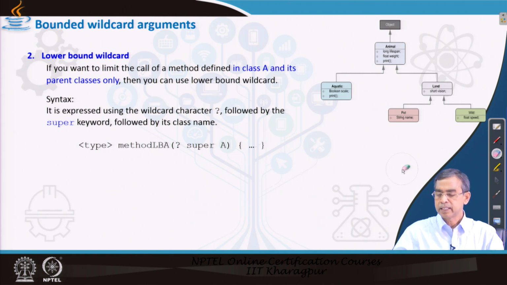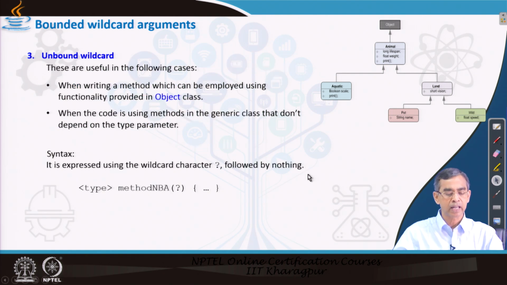And there is unbound. Unbound is basically where there is no bound actually. That is why it is called unbound, and for this we do not have to mention anything. Here you only mention that this one is unbound.